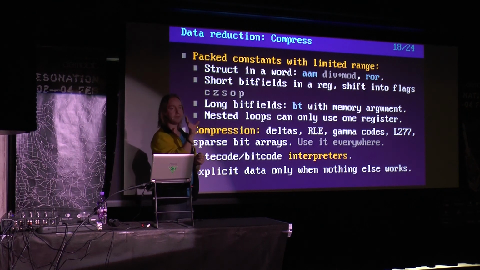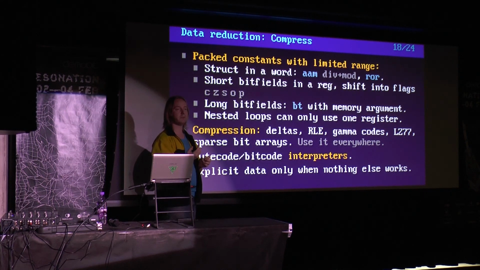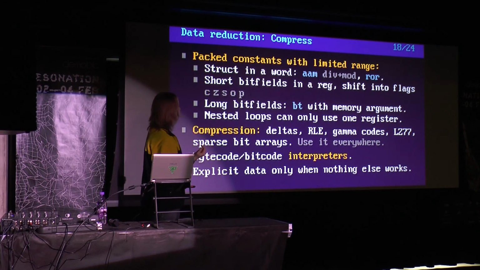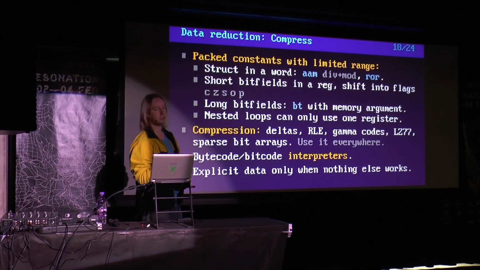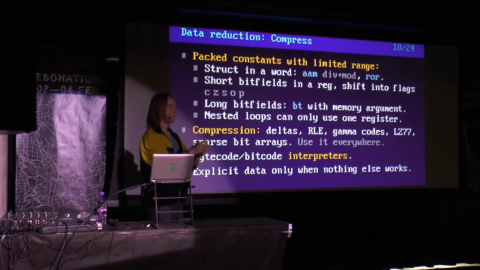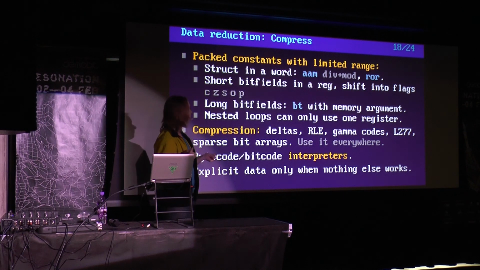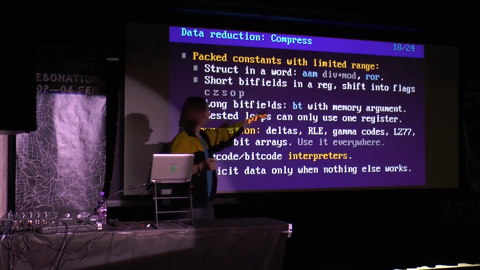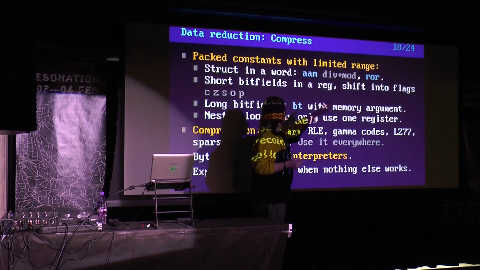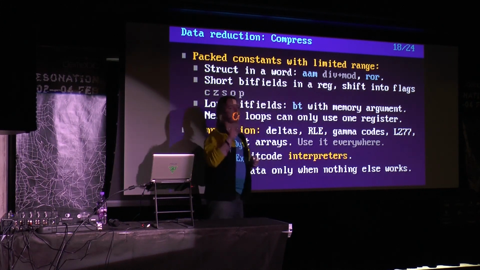When you shift a register, you set the flags and can use the flags for a switch. So this is a switch based on a few values only. If you have really long bit fields, there's a special instruction that can address by bits in memory. So you can, for example, store a long, like 500-bit field, and use a single instruction, bit test, to get the bit you need.